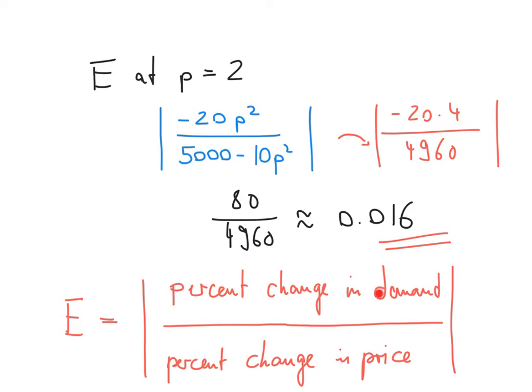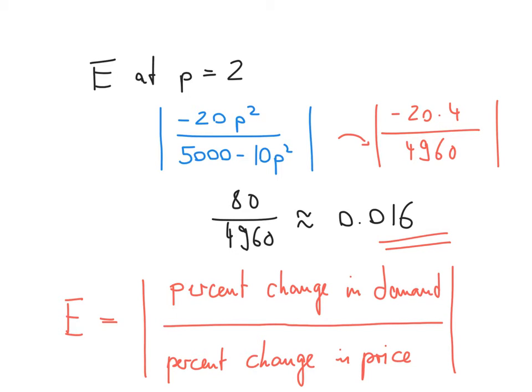If change in demand is less than change in price, this would be less than 1. If this is greater than 1, that would mean that change in demand is greater than change in price. Now here we have a value of 0.016, so a very small value. In particular, this value is less than 1.